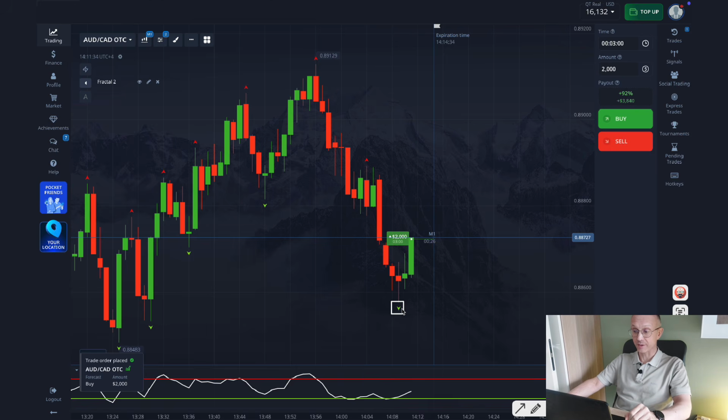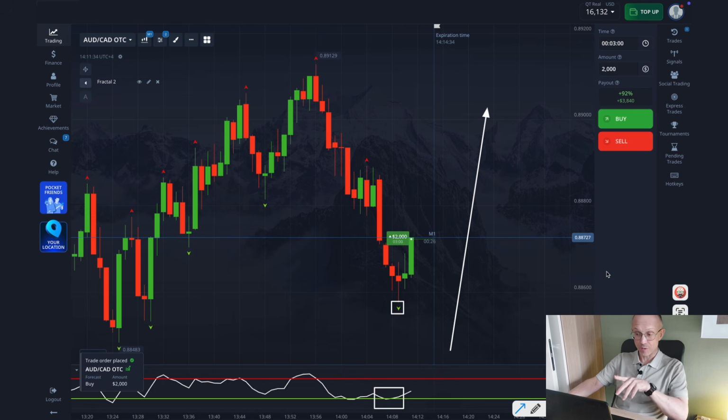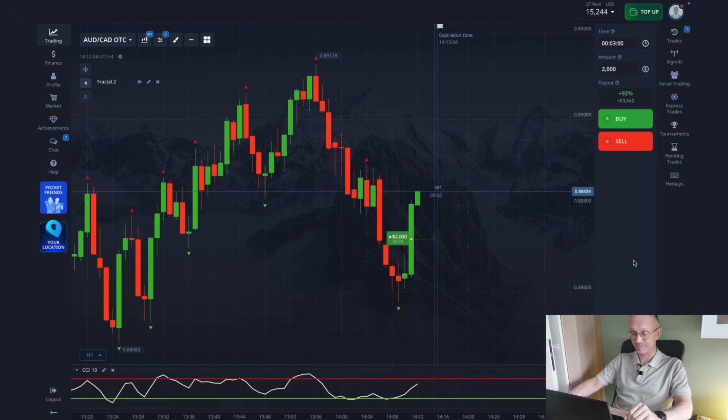This signals that the market has started to move upward. The second signal comes from the CCI indicator. Its white line has touched the green line and is now pointing upward. This also indicates the beginning of an uptrend, confirming that the market is ready to continue growing. The combination of these two signals provides clear confirmation for trading in an upward direction.